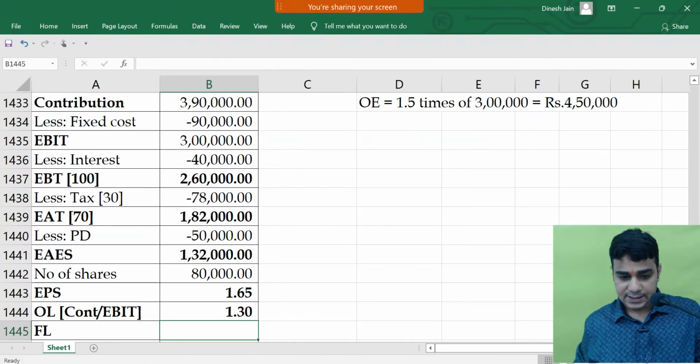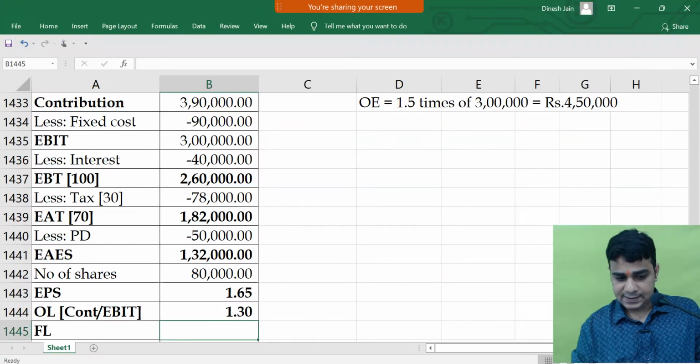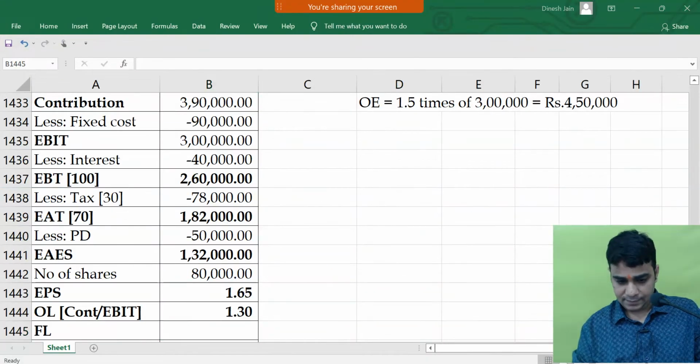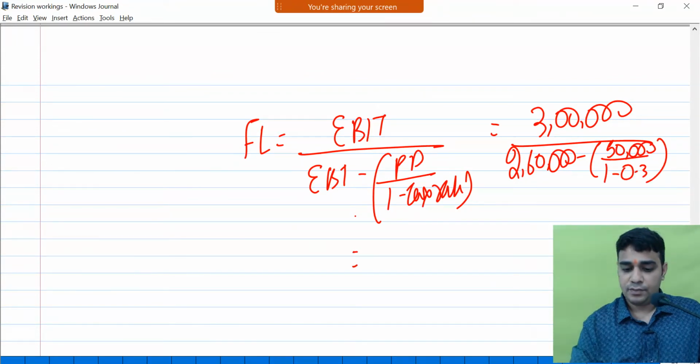So EBIT is 3 lakh, EBT is 2 lakh 60, preference dividend is 50,000 divided by 1 minus 0.3, which is 0.7.